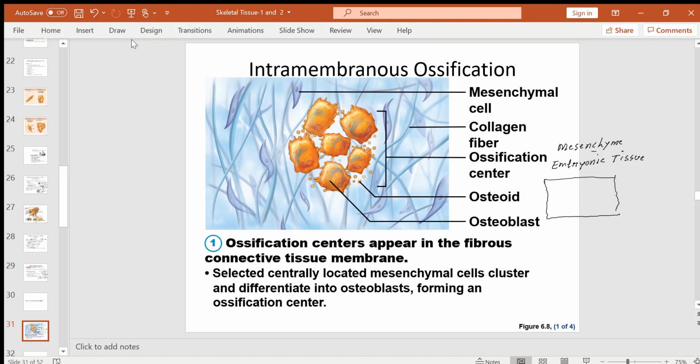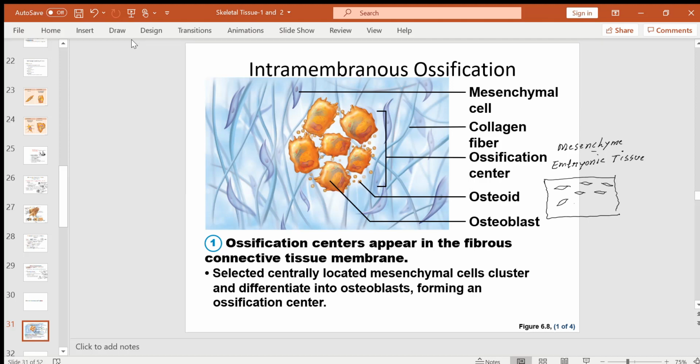Okay, and inside that membrane you have embryonic cells, and those cells first produce the connective tissue cells called the fibroblasts. Okay, so the embryonic cells produce the fibroblasts.